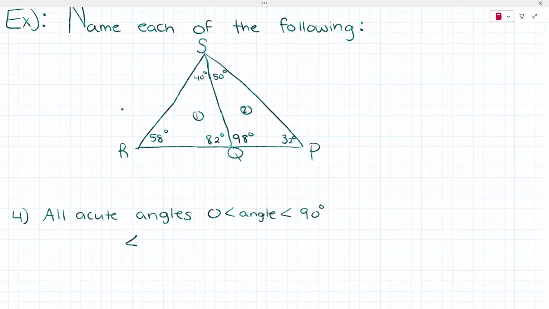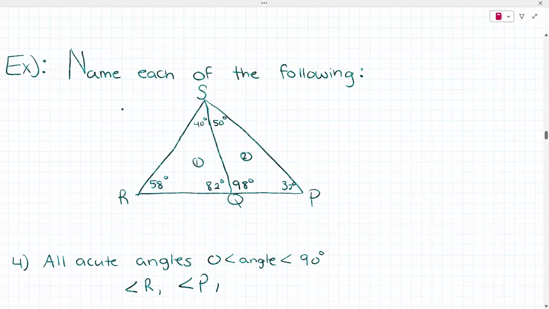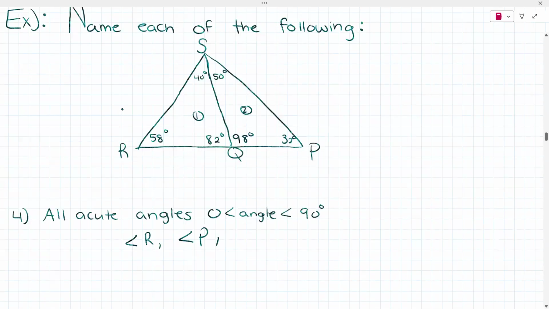So I guess you could say angle R, angle P, and what about angle RQS? Yes, you could say RQS. Could we say angle Q? Not quite, because angle Q is facing 82 and 90, so we have to be very careful. We just want this angle right here. If we say angle Q, see how there are two angles at Q?